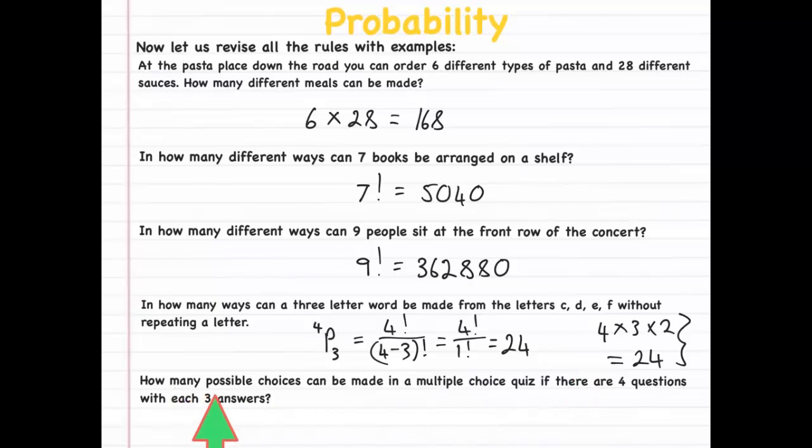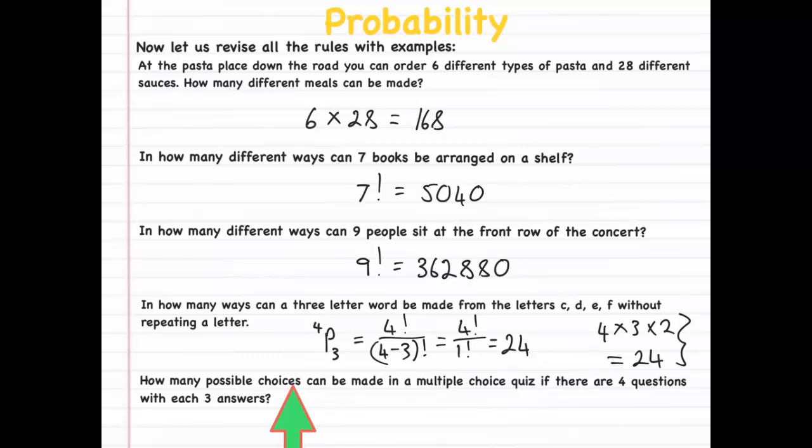Now, how many possible choices can be made in a multiple choice quiz if there are 4 questions with each 3 answers? So we've got 4 questions and each question has 3 answers. Now when we have a multiple choice question, for the first question I can choose, for example, an A. For the second question I can also choose A, so our answers or the items can be repeated.